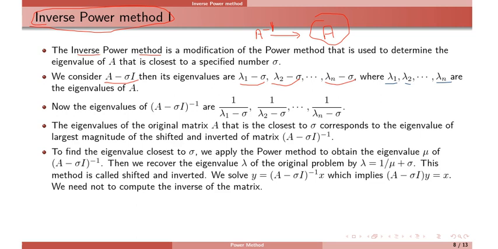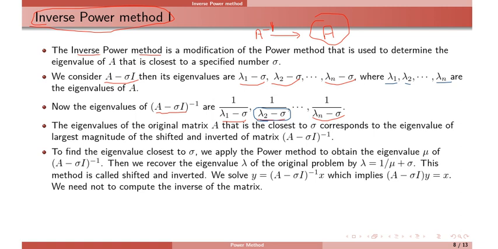Now the eigenvalues of (A minus sigma I) inverse will be reciprocal: 1 by lambda 1 minus sigma, 1 by lambda 2 minus sigma, up to 1 by lambda n minus sigma. Now you can see these ratios. Say lambda 2 is near sigma, since we want to compute an eigenvalue near some number sigma.